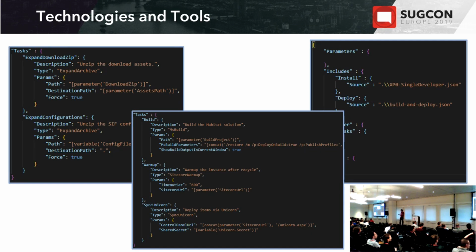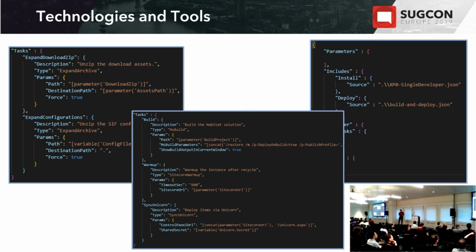And even though Helix Publishing Pipeline can do most of the things that Gulp is currently used for in Habitat, it is still helpful to have a task runner to do things like the initial build and setup of the environment, or to be able to do a build and unicorn deploy with a single command. But instead of using Gulp, we can make use of the task runner that Sitecore already has, and that's Sitecore Install Framework, or SIF.